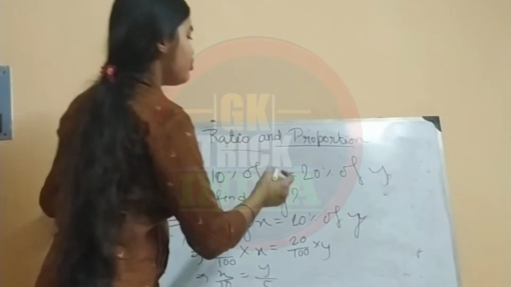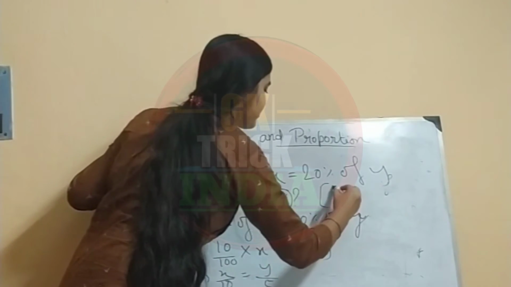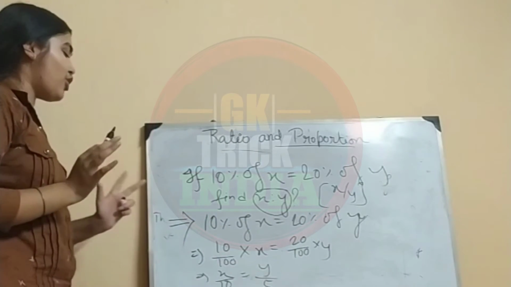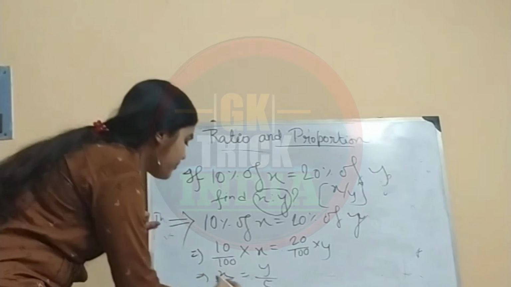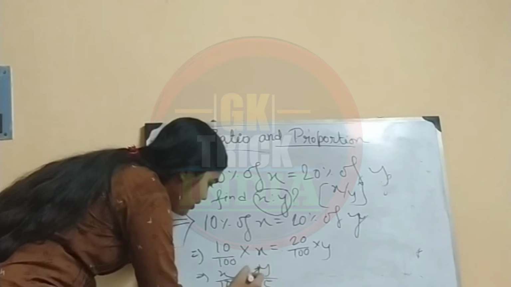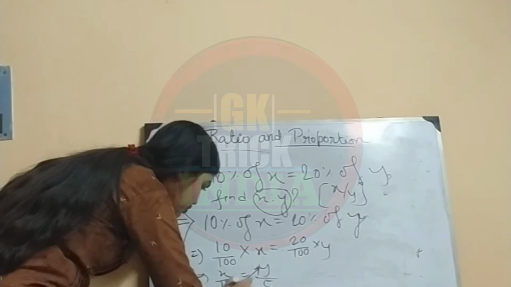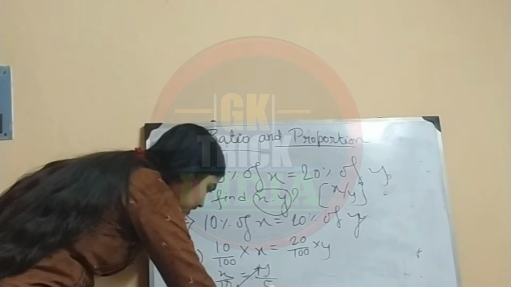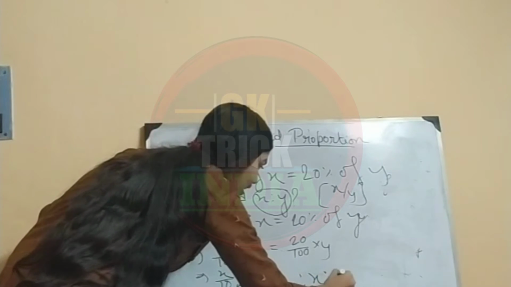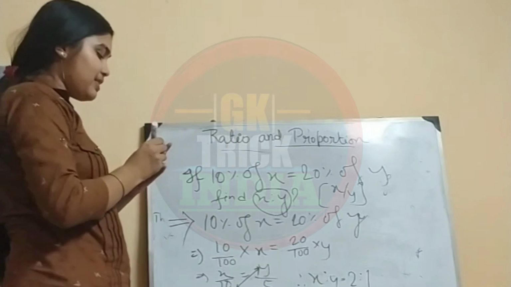Now look here, what we have to find out is x is to y, that means x by y. So it's very easy. We have to just interchange these two. X by y equals 10 by 5, that is 2 by 1. Therefore, x is to y equals 2 is to 1.